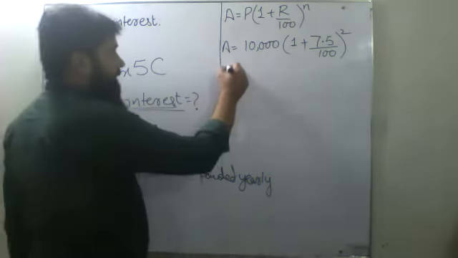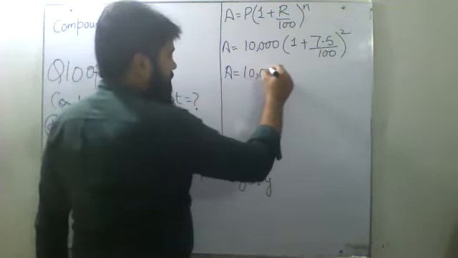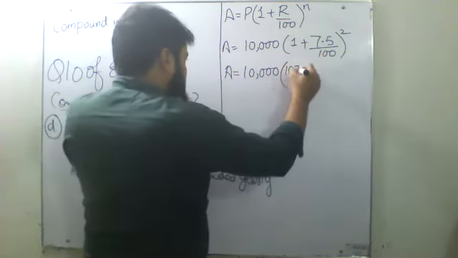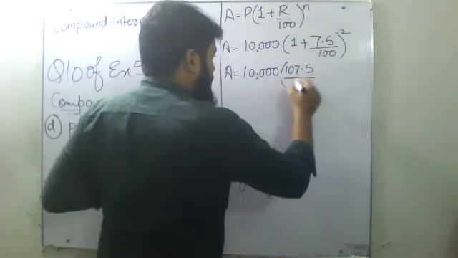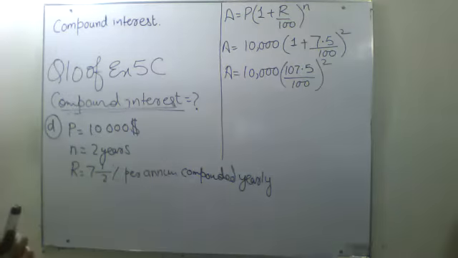So simplifying it, A equals, when I simplify it, it will become 107.5 over 100 whole square.